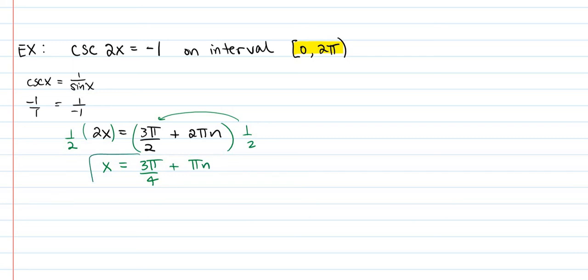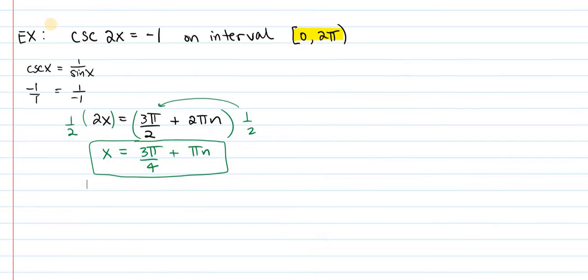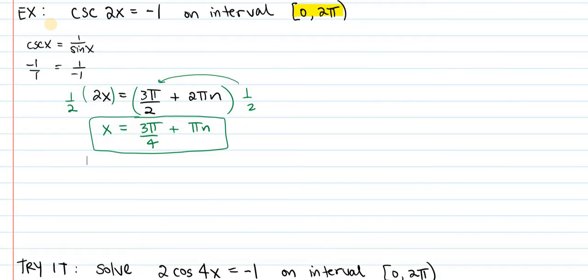So this is our general formula, but we want to find the actual values on the interval from 0 to 2 pi. So we're going to take values of n and just plug them in, and we'll keep doing that until we find ourselves outside the limits of 2 pi. So for n equals 0, we would just get 3 pi over 4.